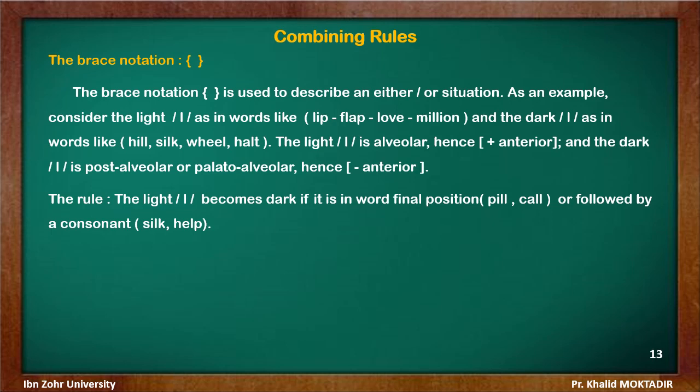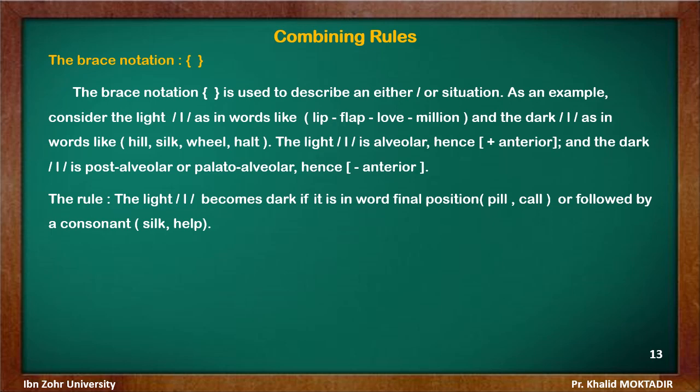As an example, consider the light L, as in words like lip, flap, love, million, and the dark L, as in words like hill, silk, wheel, hold. The light L is alveolar, hence plus anterior, and the dark L is post-alveolar, or let's say palatal-alveolar.